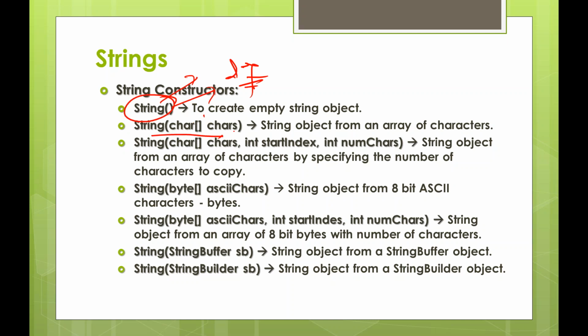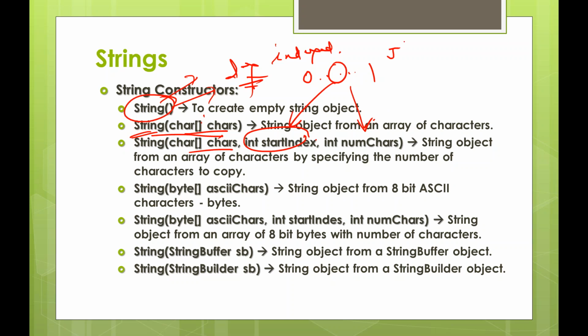The second one takes a character array, and based on that character array it will create a string, initializing it with that array. The third one takes a character array and we can specify the start index. We know that arrays are indexed, starting from 0 to whatever the length. So you can specify a specific index and the number of characters from that particular index.